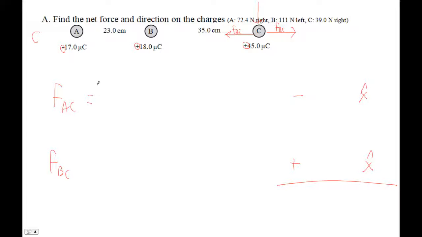So the force of A on C is kQQ over R squared, right? So it's 8.99 E9. Let's see, A is 17 micro, which is 10 to the minus 6th, right? So E minus 6. And then C is 45.